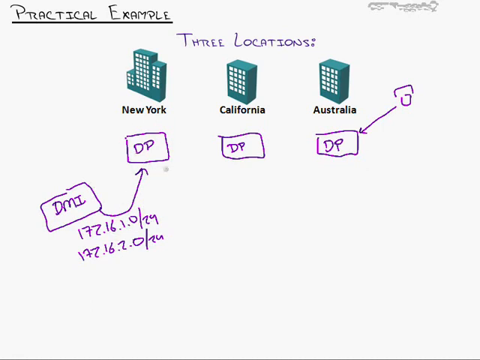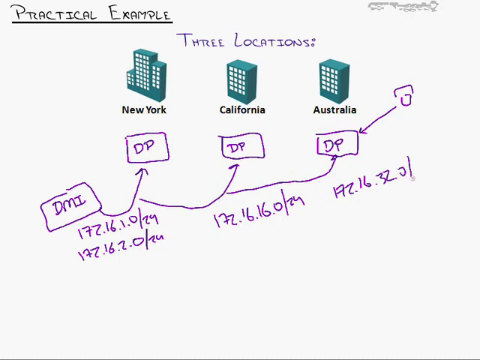You don't have to have just one. Device mobility info for California might be 172.16. Let's do 16.0. Give some good route summary capabilities there. And then finally, device mobility for Australia, we'll say 172.16.32.0 is over here in Australia. Those specific subnets. So I've defined the device mobility infos.